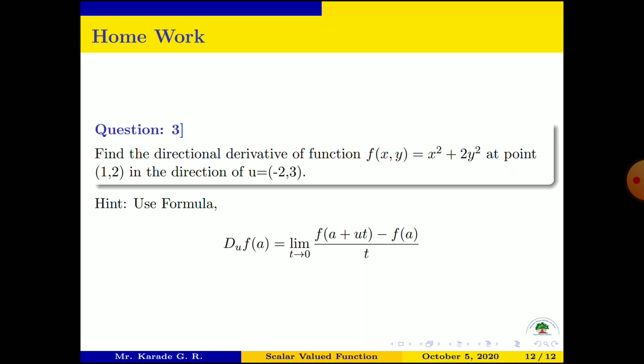Find the directional derivative of function f of x comma y equal to x square plus 2y square at point 1 comma 2 in the direction of vector u equal to minus 2 comma 3. And the hint for this is to use the formula.